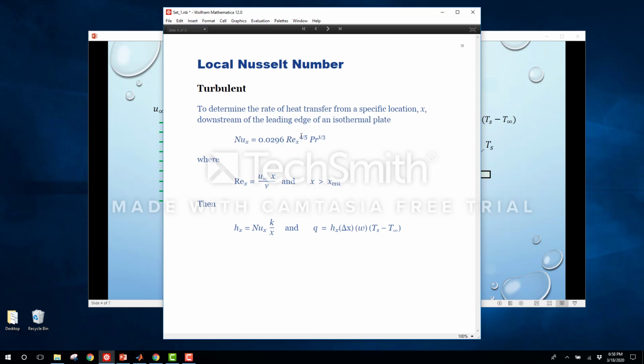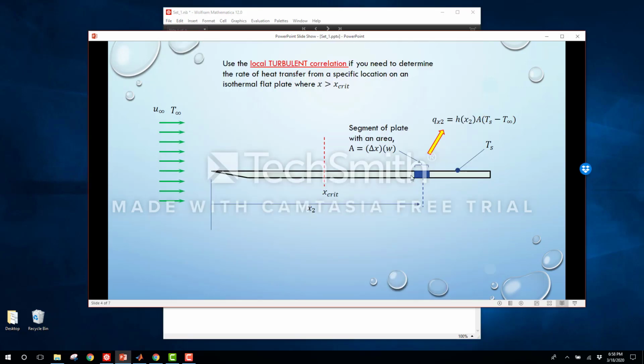In this case, the Reynolds number is now raised to the 4/5. Prandtl number remains being raised to the 1/3. The Reynolds number hasn't changed, but in this case, we are requiring that the x location be greater than x critical. And then, as before, we can calculate the local heat transfer coefficient and then determine the total amount of heat transfer in terms of watts from this localized region of the plate.